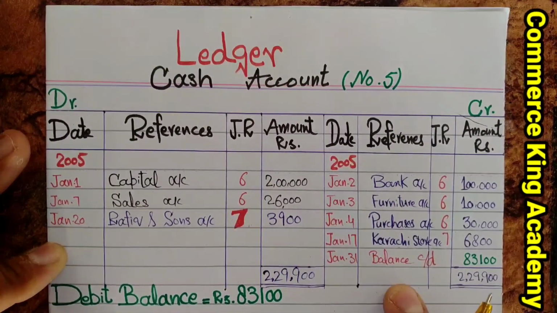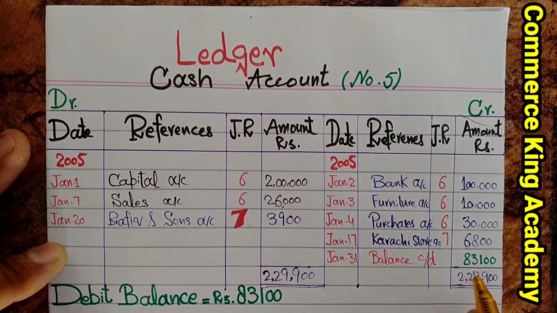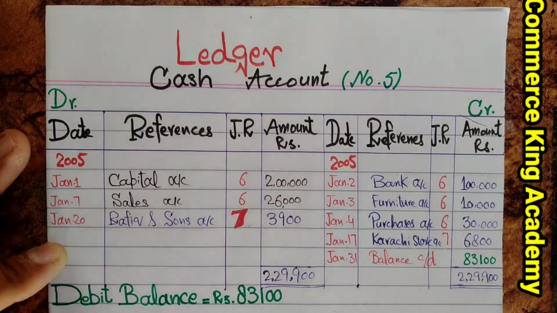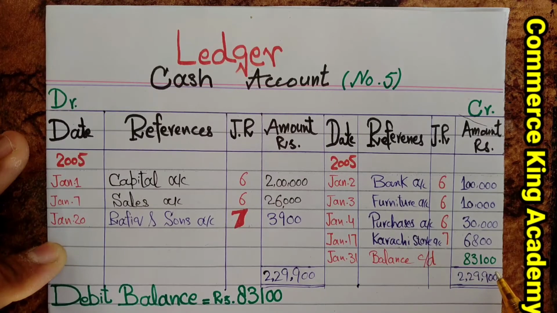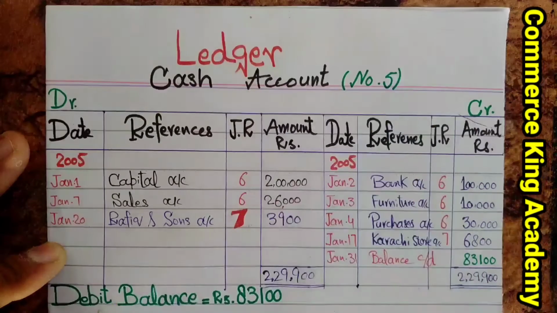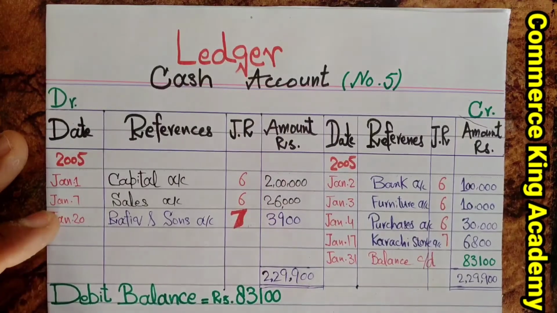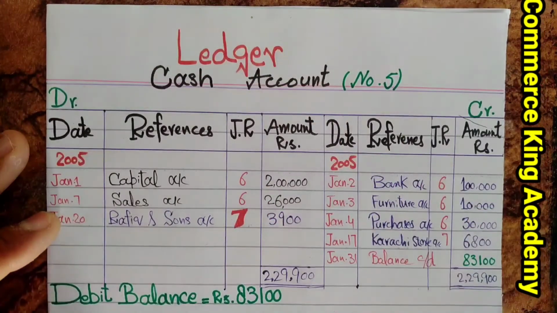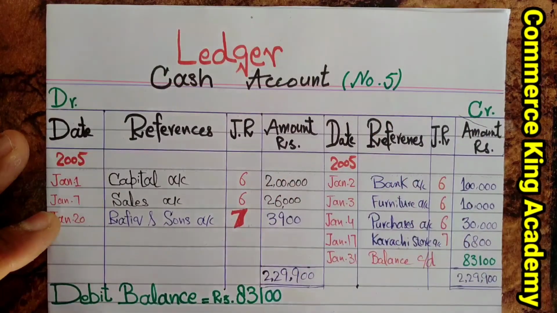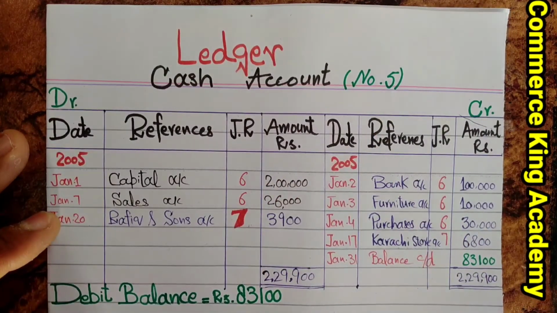This is the balance of both sides, which is 8,000 and 3,100. This is the debit balance of the cash account because the debit side is heavier than the credit side. Okay, so we will enter this balance into the trial balance in this way.